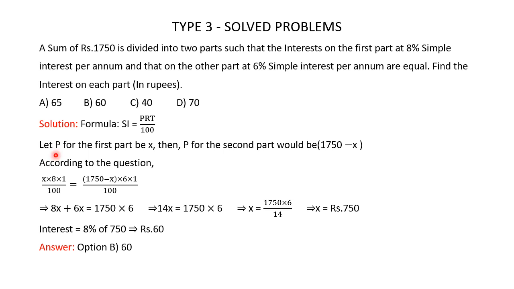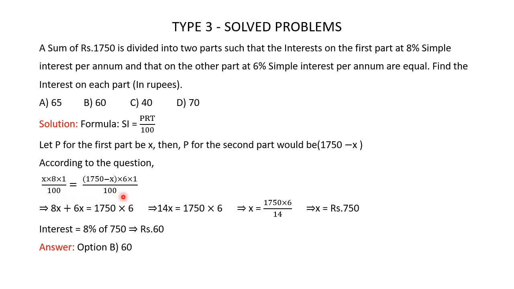So let's assume that the principal for the first part is X. Then the principal for the second part would be 1,750 minus X. Now according to the question, X multiplied by 8 multiplied by 1 divided by 100, which is the simple interest for the first part, is equal to 1,750 minus X multiplied by 6 multiplied by 1 divided by 100, which is the simple interest for the second part.